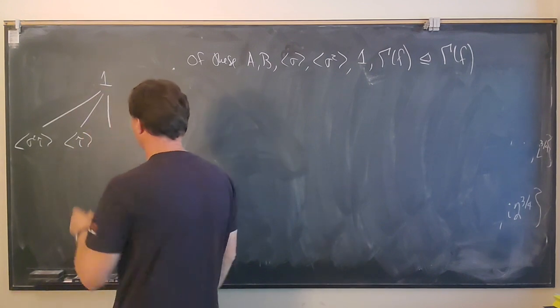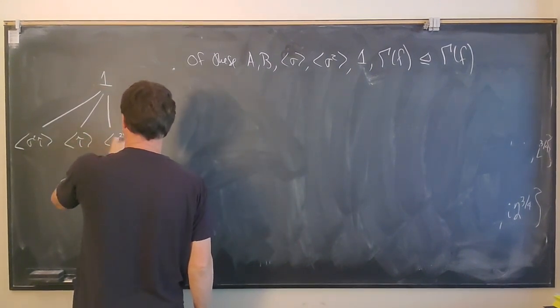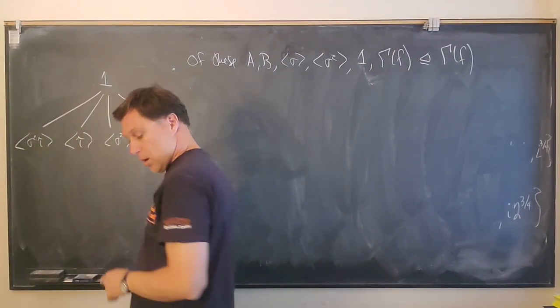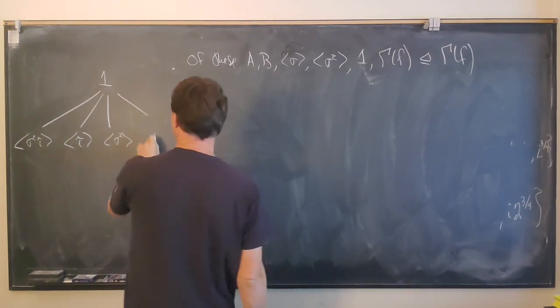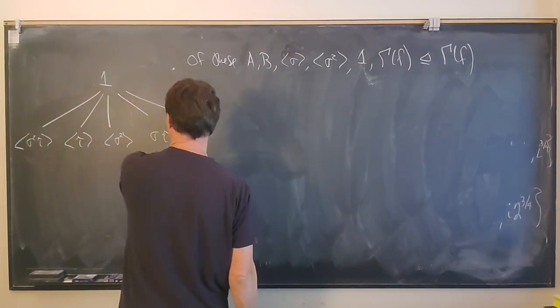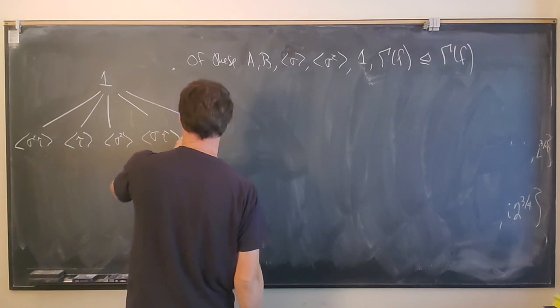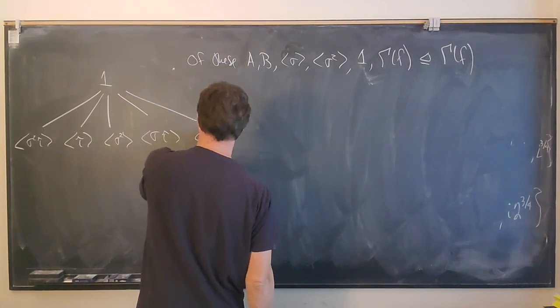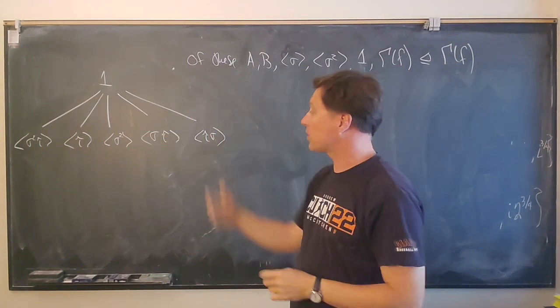In the middle, I want the subgroup generated by sigma squared. Then we have sigma tau and tau sigma. So here are 5 cyclic subgroups of order 2.